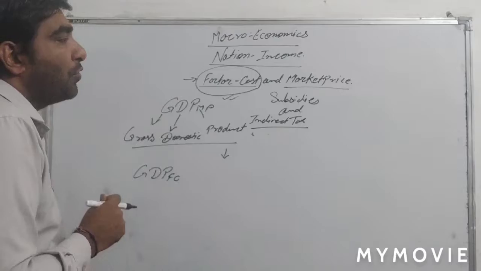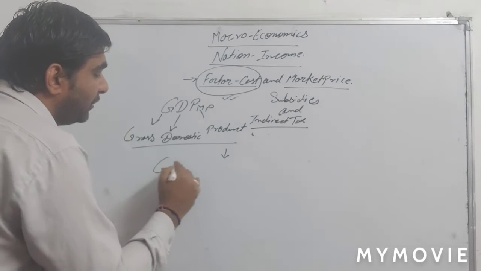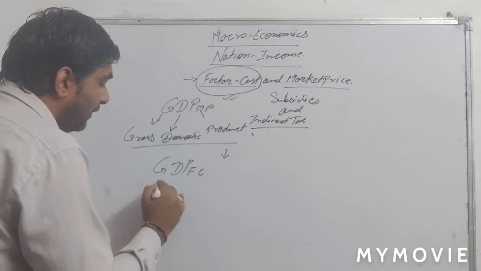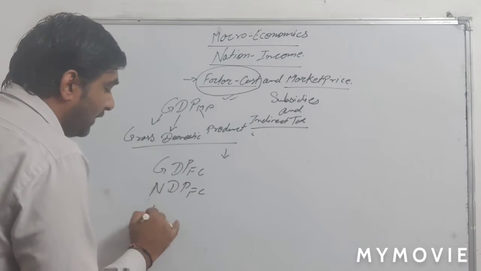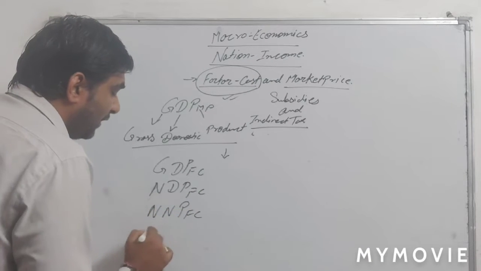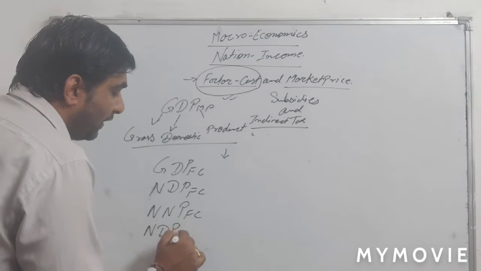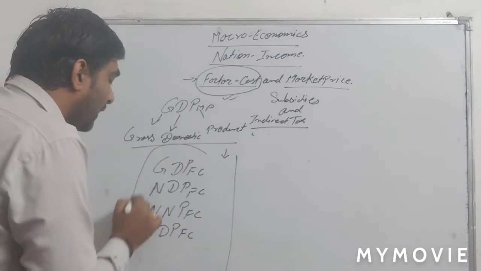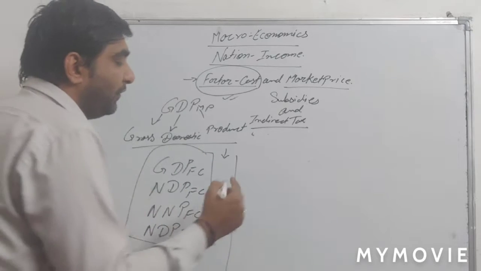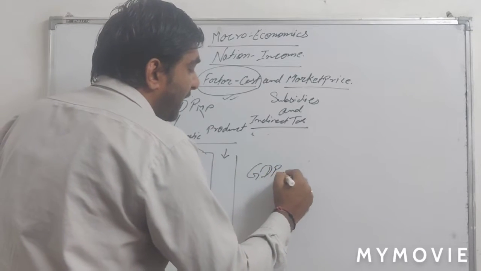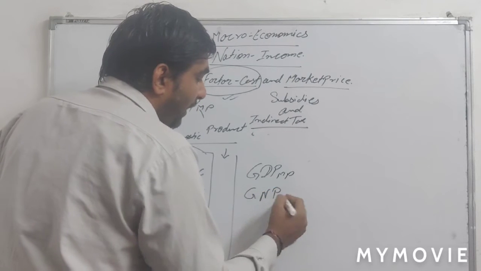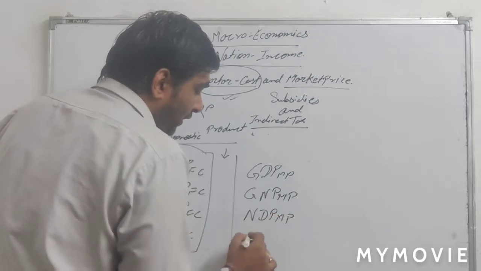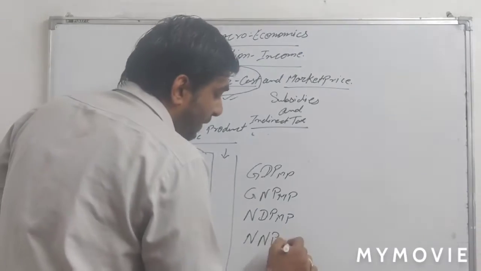So in this portion we calculate GDP at FC, GNP at FC, NDP at FC, NNP at FC, and all are in the factor cost. In the other portion, GDP at MP, GNP at MP, NDP at MP and NNP at MP.